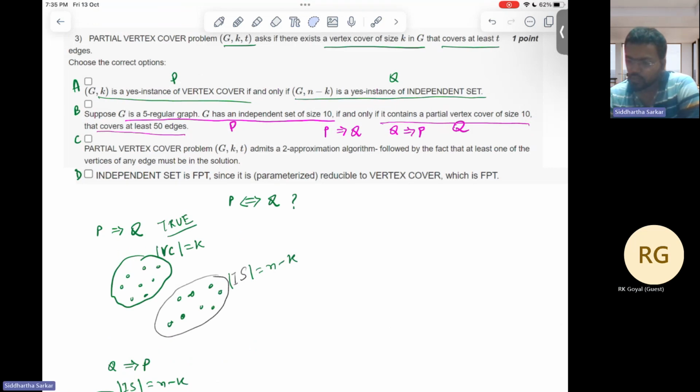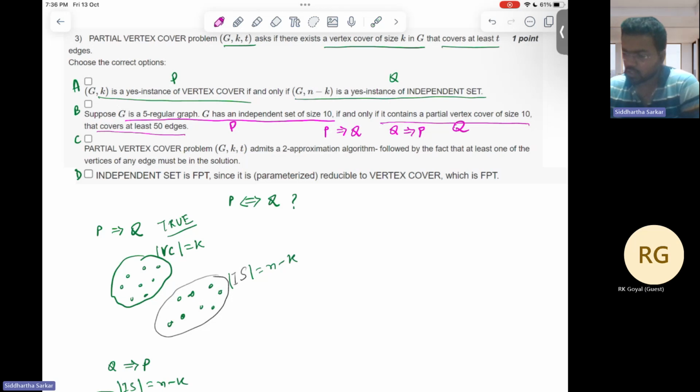Here, when we are saying that there is a two approximation, they are considering the optimization version of the problem. So they have t edges to be covered, and they want to find the minimum number of vertices required to cover t edges. And they're saying that if there is a two approximation algorithm for this, that means there is an algorithm that uses at most 2 times OPT number of vertices to cover.